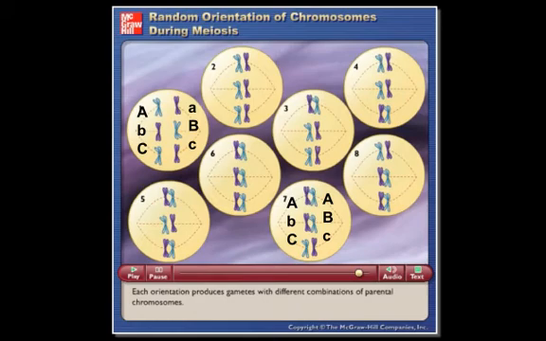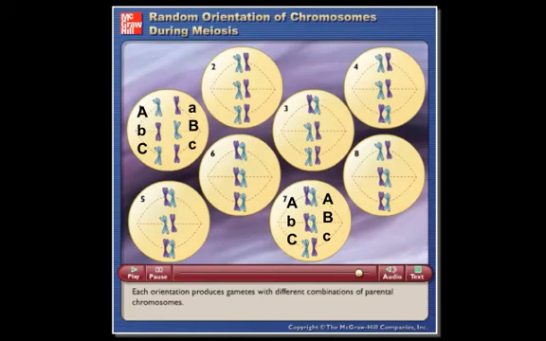If we look at this last graphic, you'll notice that I've labeled the various chromosomes with either a capital or a lowercase letter. The random nature of which versions, the dominant versus the recessive, line up on the left side or the right side of the cell will determine what the resulting sex cells will contain.